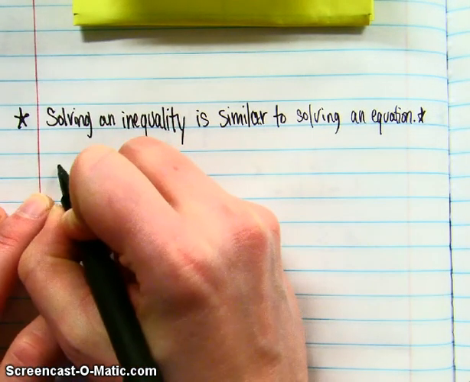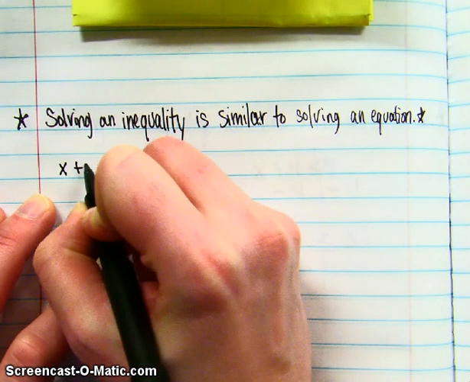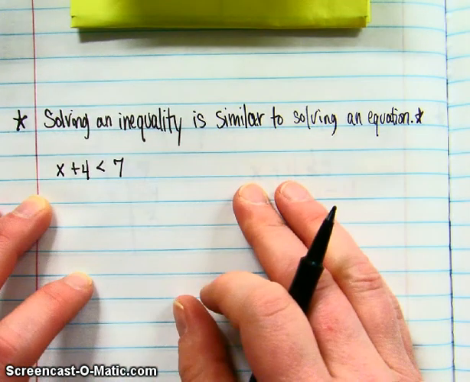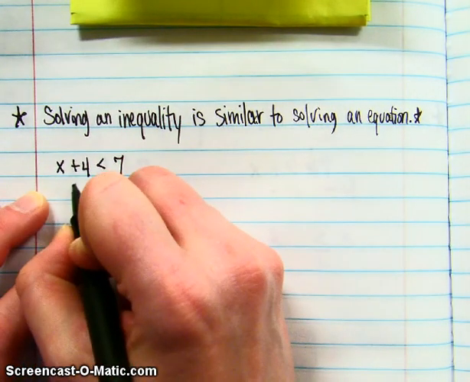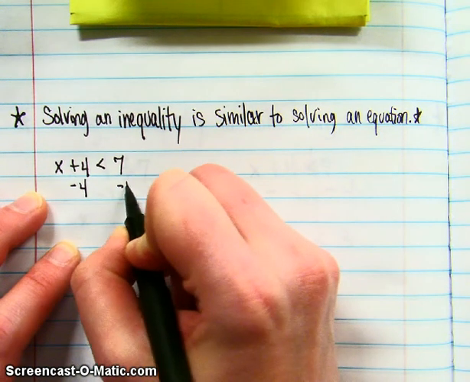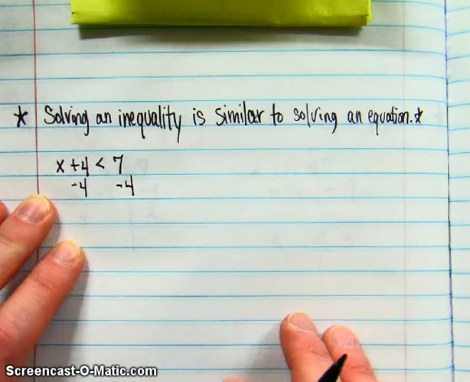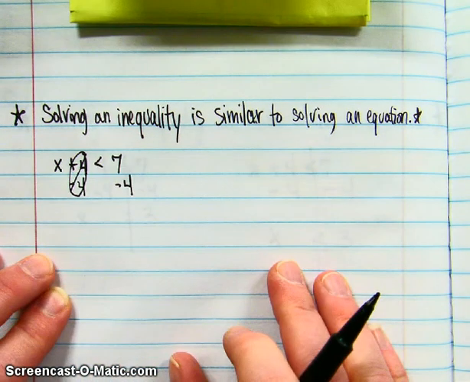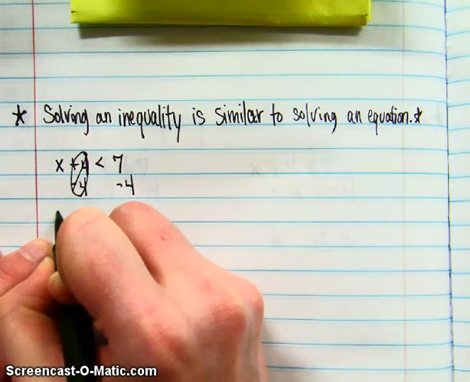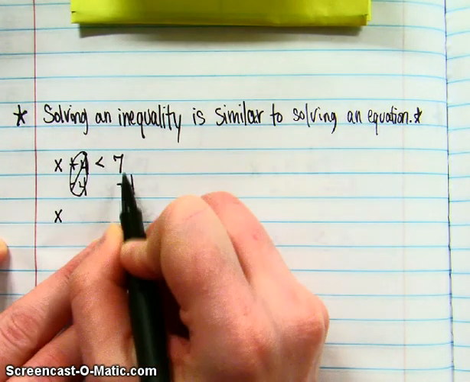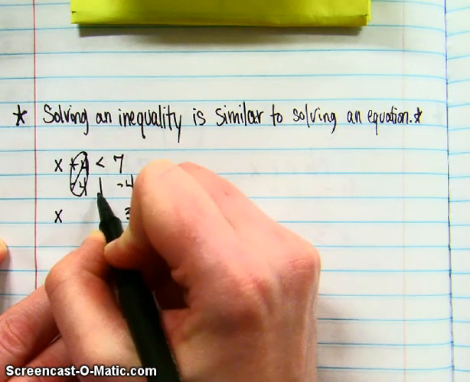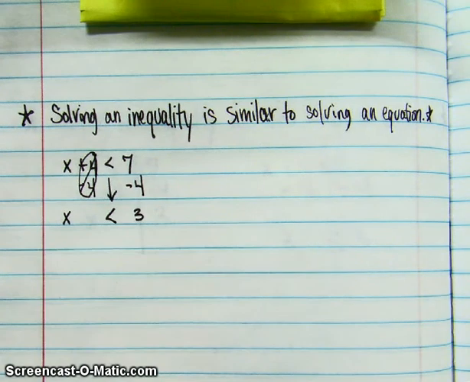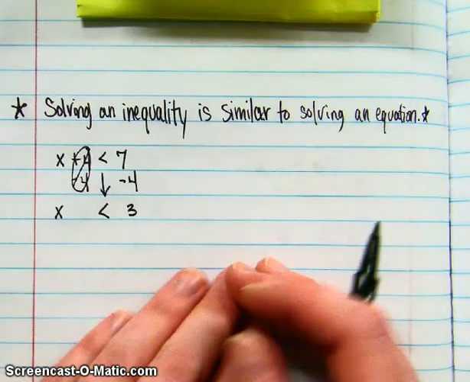So if we had the inequality x plus 4 is less than 7, we would solve it like we would an equation. We would subtract 4 from both sides. This 4 would be gone, and 7 minus 4 is 3. The difference here would be that we use this symbol instead of the equal symbol. And that's how that works.